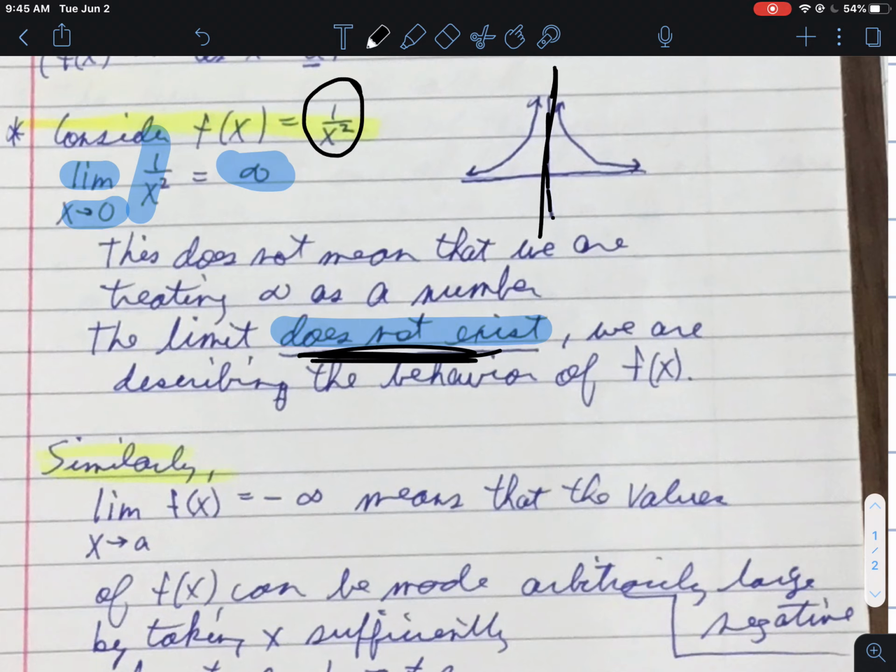So as x approaches 0, the denominator is approaching 0, it's getting smaller. The value of the fraction, 1 over x squared, is getting larger. It's approaching infinity. That's an important little observation to make. So there's kind of an inverse relationship there between what's happening with the value of the denominator and what happens to the value of the fraction. That's something we're going to see pop up, so keep that observation in mind.